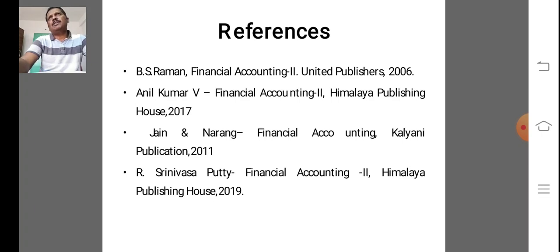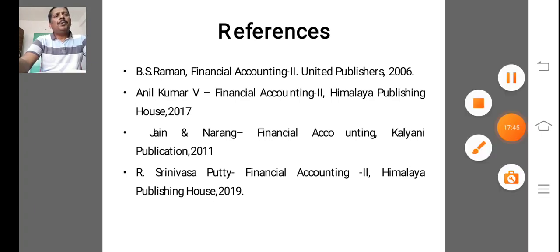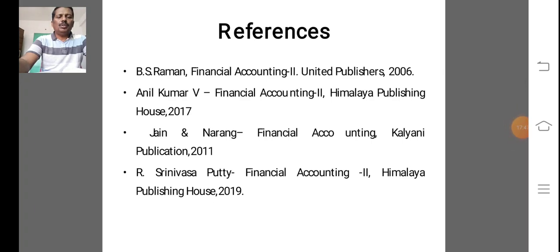The question is, prepare the branch account in the books of head office. So in the books of head office A Limited, Bangalore, Mysore Branch Account for the year ended 30/6/2004.